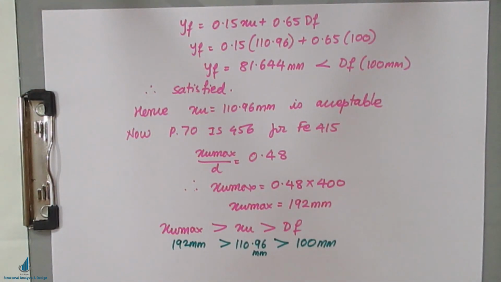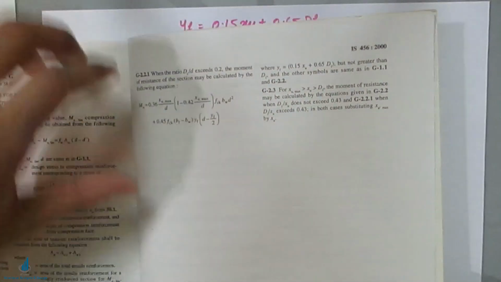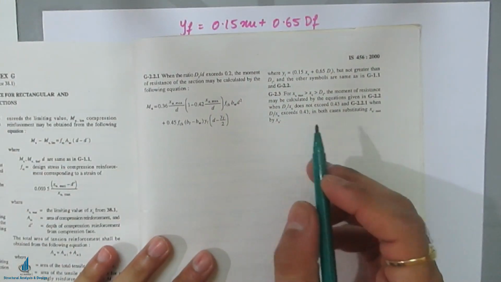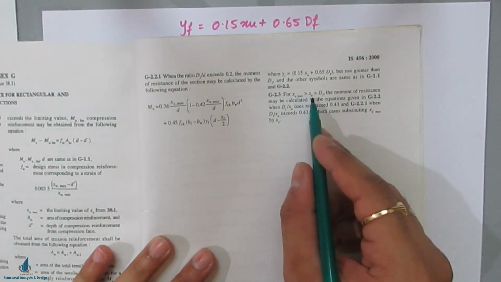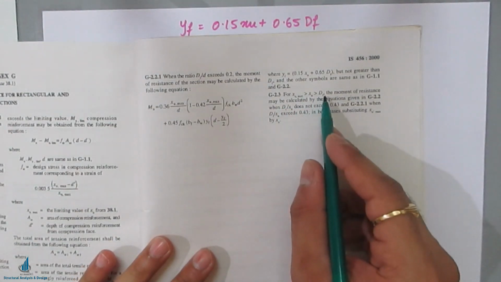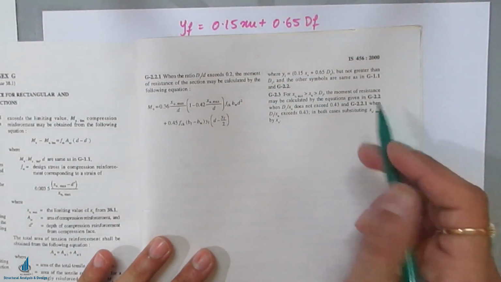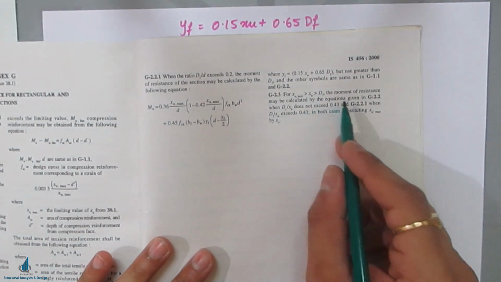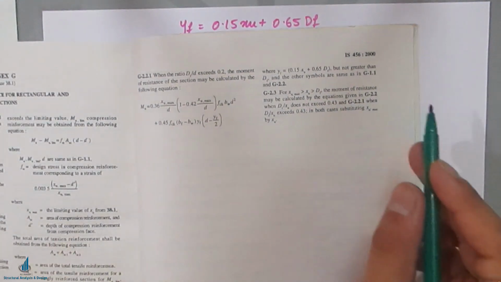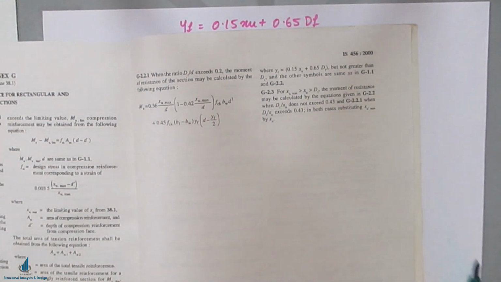Now again go back to page number 97 of IS 456 2000. What they mention here in clause G2.3 is that for xu max greater than xu greater than Df, which is the present case, the moment of resistance may be calculated by the equations given in G2.2. I am using these papers because I am not able to show you correctly.